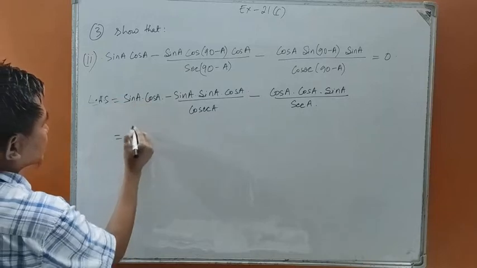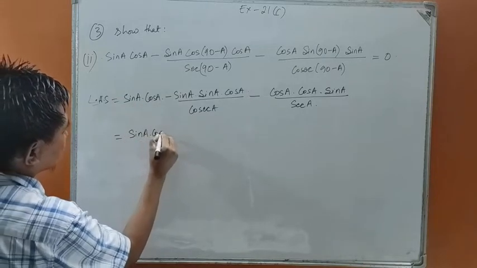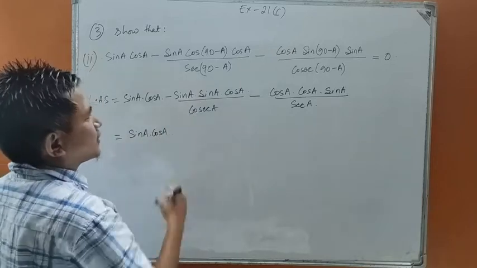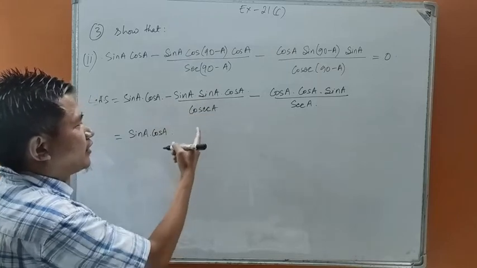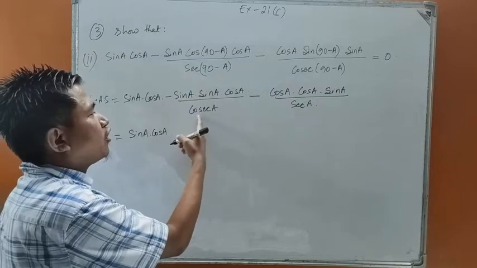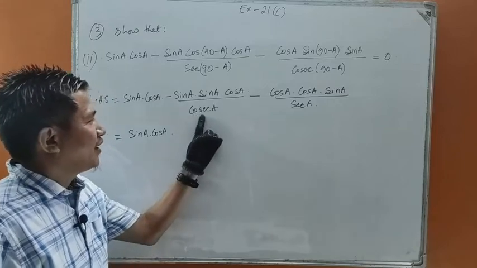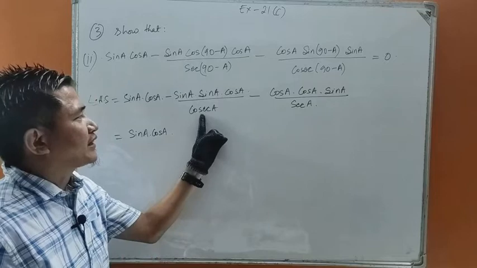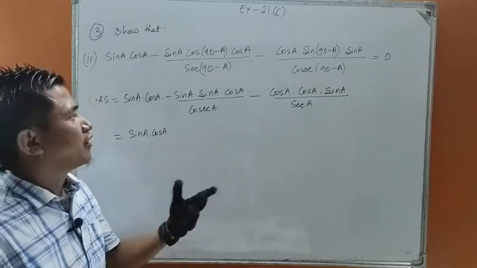So this is sine A into cos A. Now this sine A into sine A is sine square A, isn't it? Now if you take this cosec A to the numerator, this cosec A also becomes sine A. Are you getting me? Yes. If you take this cosec A to the numerator, it becomes sine A, because sine A and cosec A are reciprocal of each other.